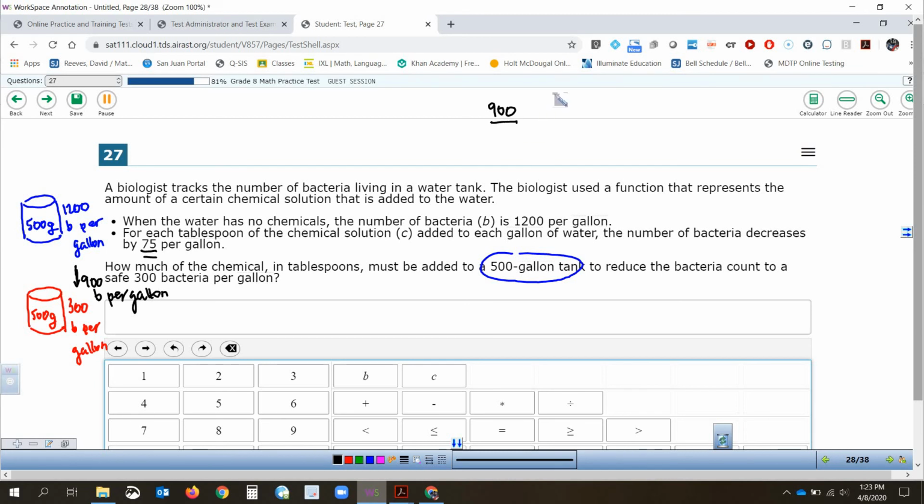And we're going to do it in steps of what? In steps of 75, right? So now we need to go down 900, and we're going to do it in steps of 75. So 900 bacteria divided by 75 bacteria per teaspoon.